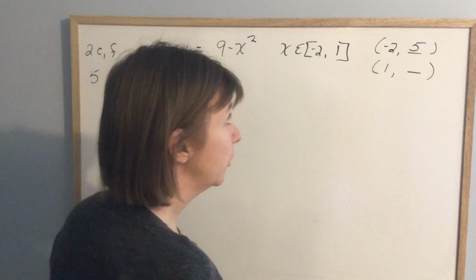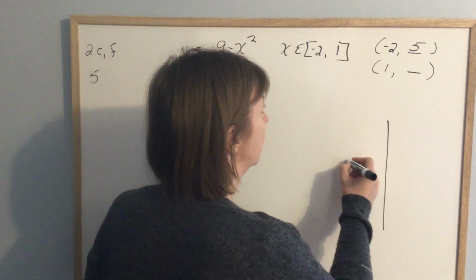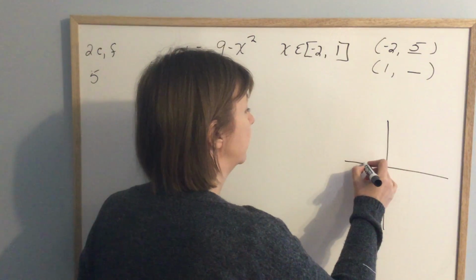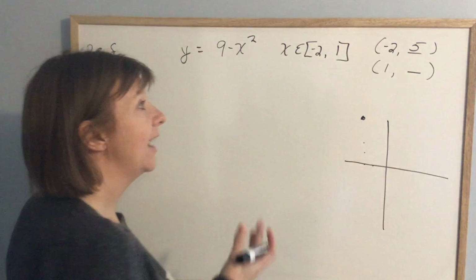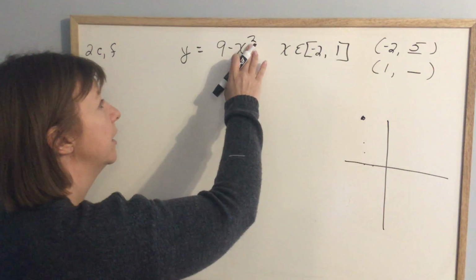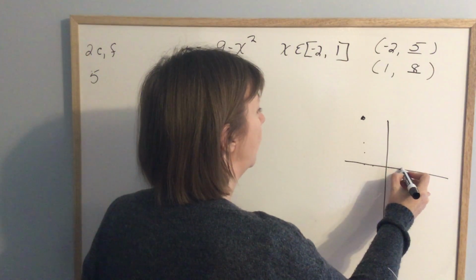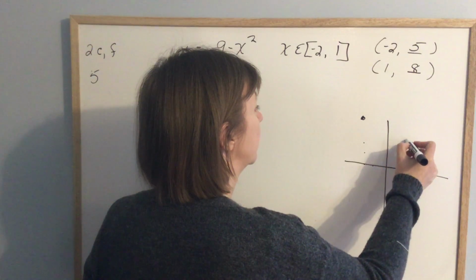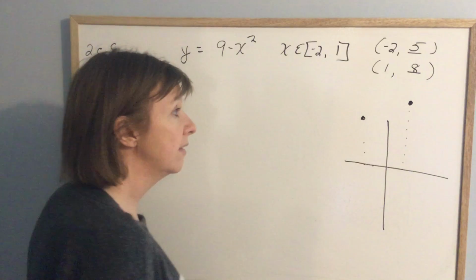It says without graphing, but just to give you a visual, the graph starts at -2 and 5. And it ends when x is 1. 1 squared is 1, 9 take away 1 is 8. So it ends there.